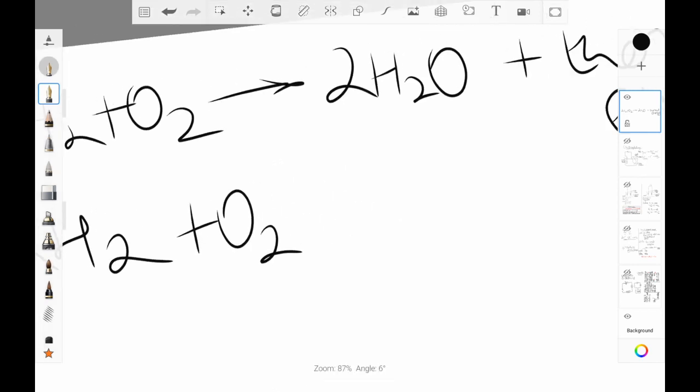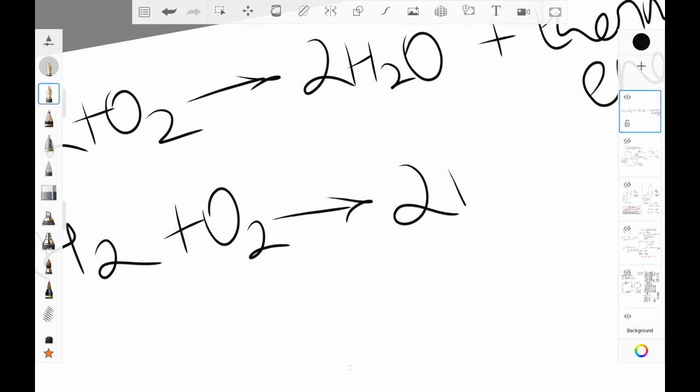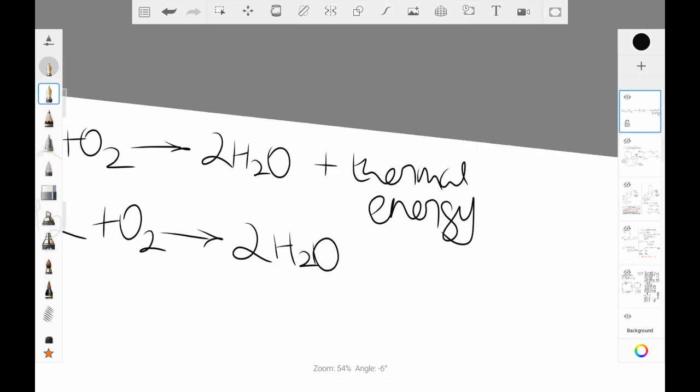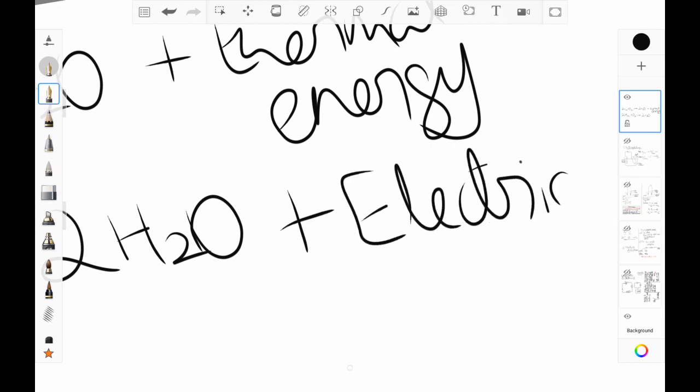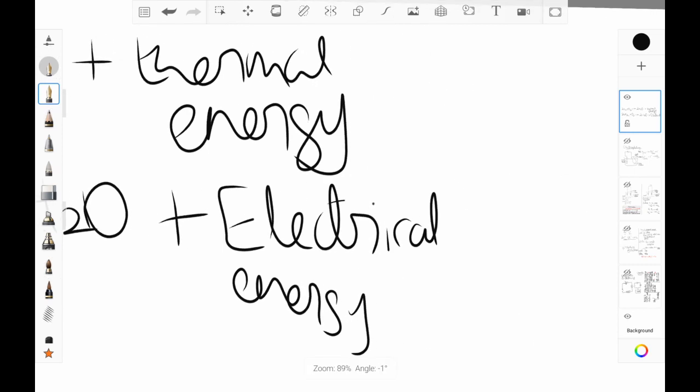So hydrogen plus oxygen gives you water, and rather than producing only thermal energy, most of this energy is electrical energy. So it's just produced as a different form, and some of this energy does escape as heat energy. That's because of inefficiencies, and you can't really stop that.